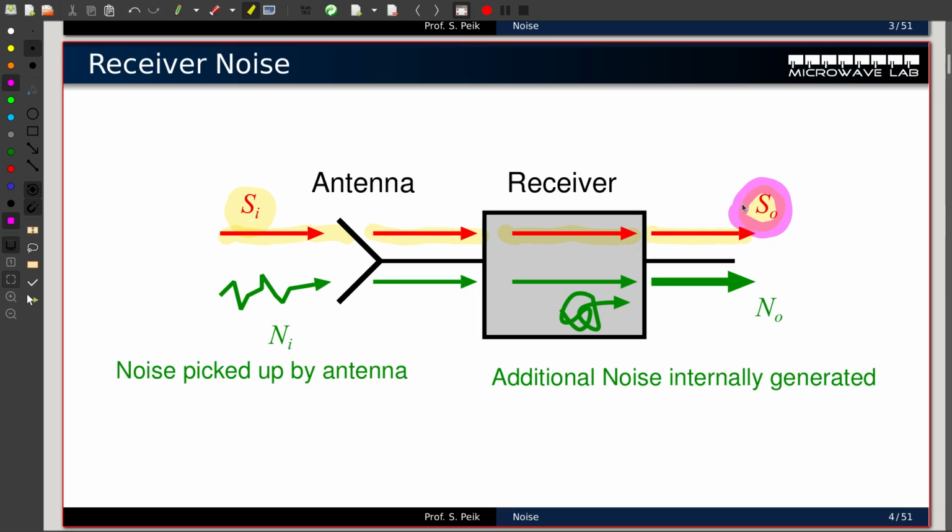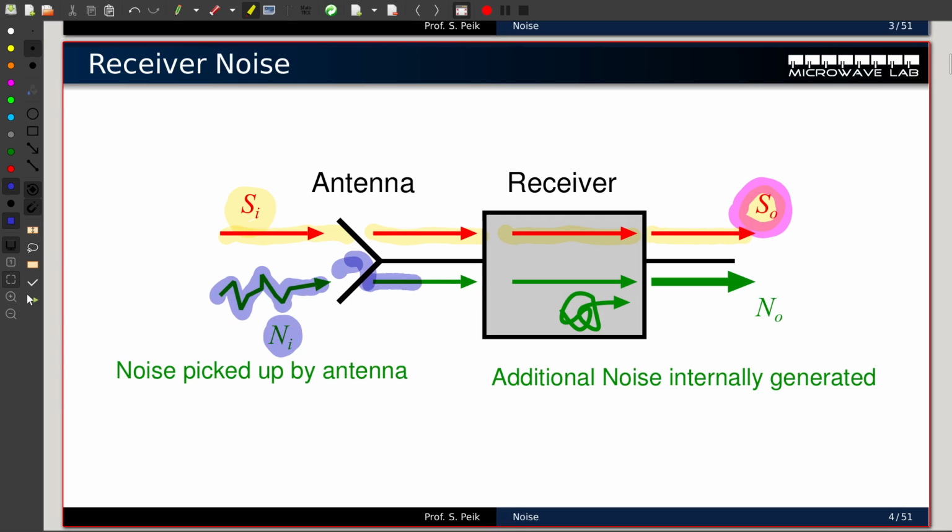The amplified, demodulated signal. Well, unfortunately, we not only receive a signal, we also receive noise. The stuff I just showed you on the oscilloscope. This noise is also picked up by the antenna.